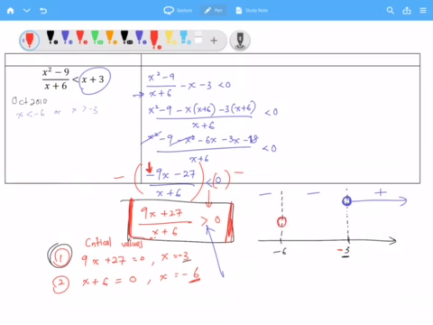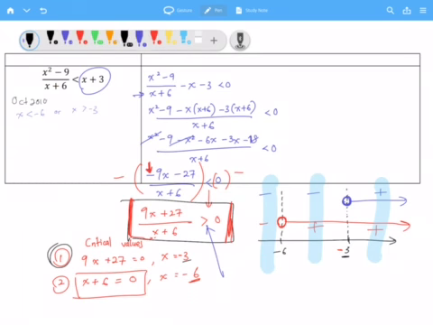We do not include negative 6 in the range of our answer. Next, move on to this equation here. Negative 5 plus 6 will become positive. Negative 4 plus 6, positive. 0 plus 6, positive. So anything higher than this will result in positive. Lower than that, you will get negative. So highlight, highlight, highlight.